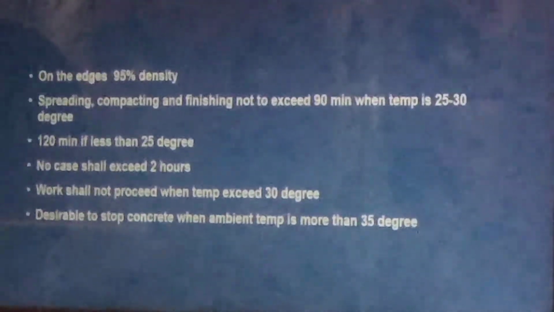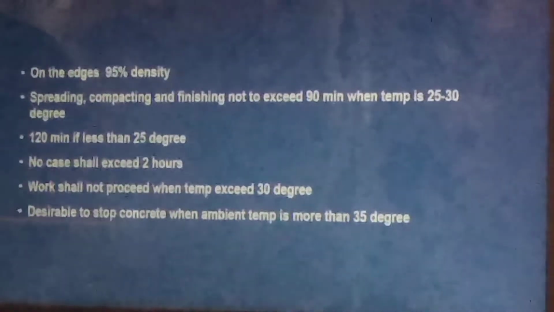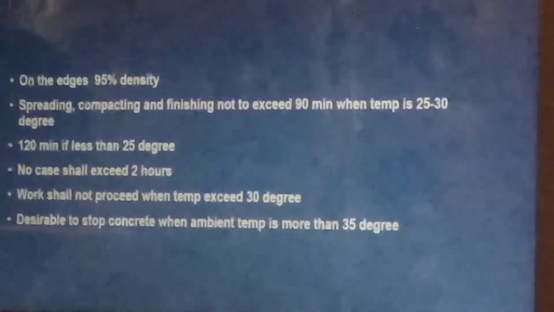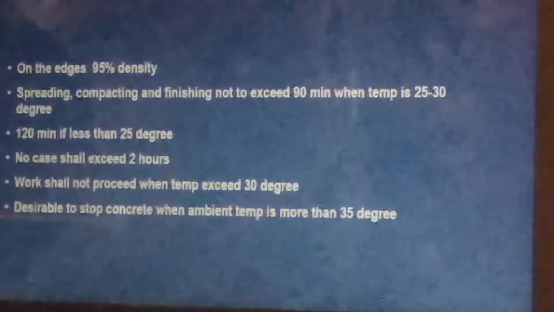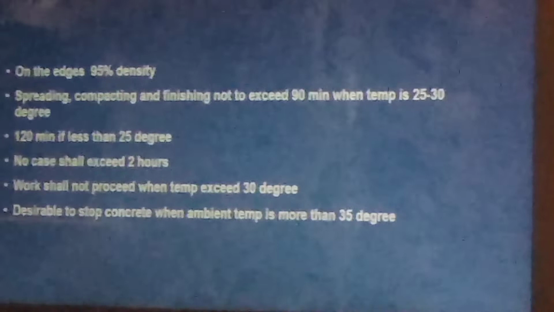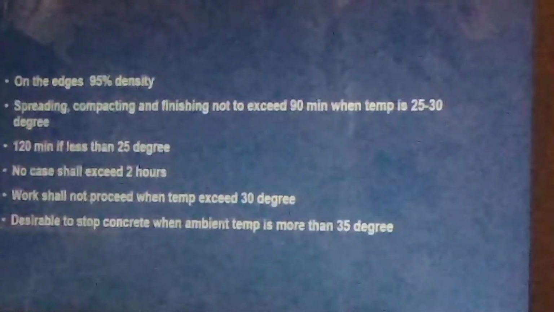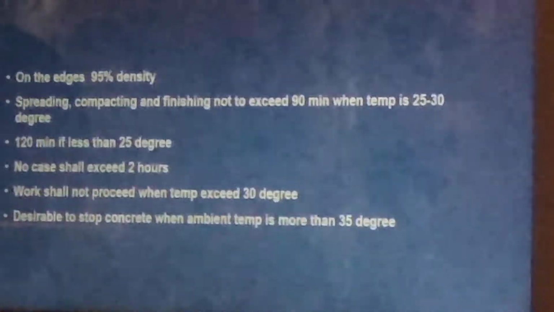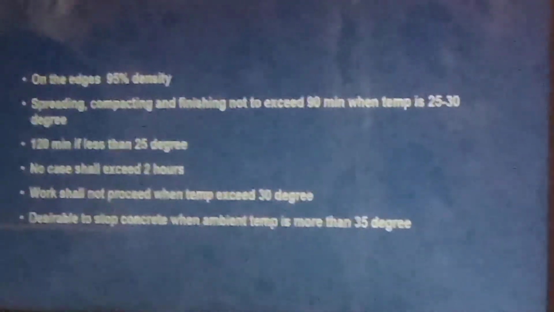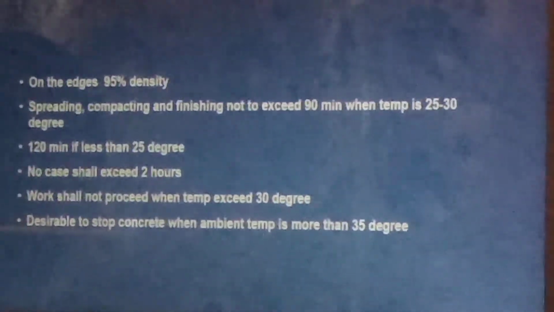Spreading, compacting and finishing should not exceed 90 minutes when the temperature is 25 to 30 degrees. It can extend up to 120 minutes if the temperature is less than 25 degrees. But please remember, in no case should the paving, compaction and finishing operation exceed 2 hours.